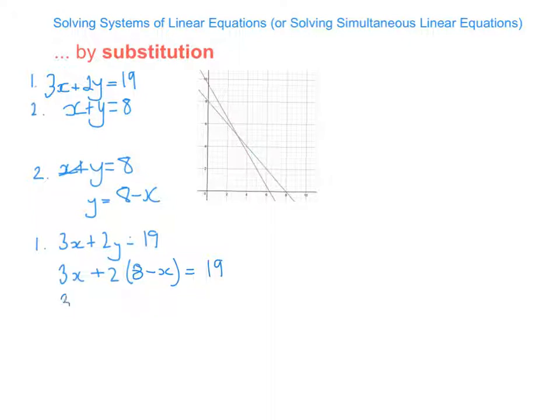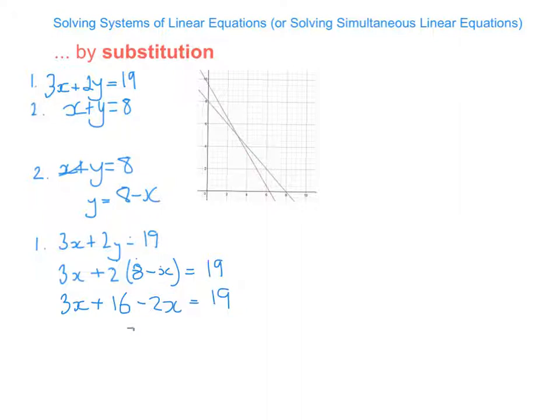So this equation becomes 3x plus 2 times 8 is 16, and 2 times negative x becomes minus 2x, equals 19. I can now gather like terms and rearrange to find x.